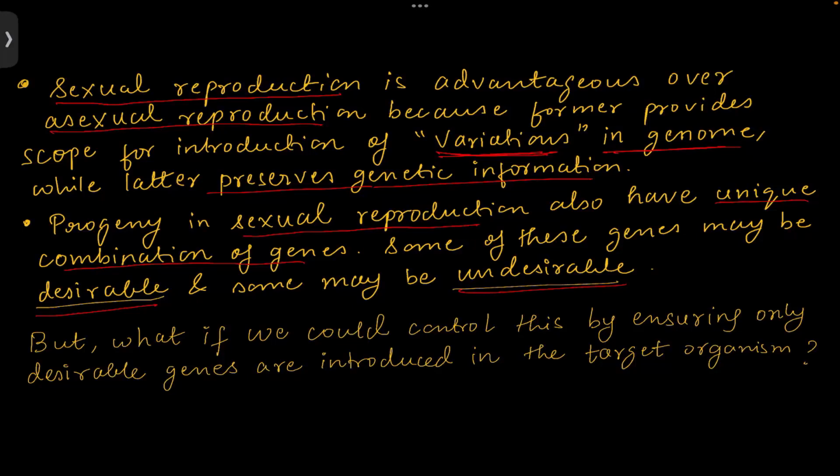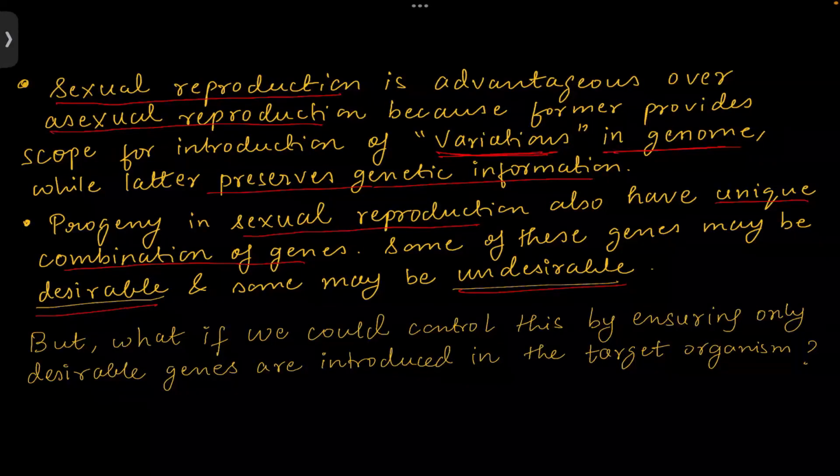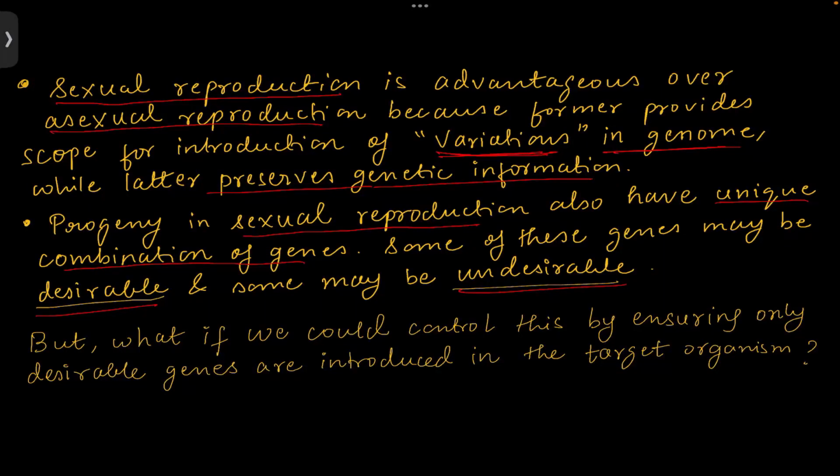But due to just sexual reproduction, undesirable characteristics like being much more susceptible to pests or to rot, or poor nutrient quality, may come about in the progenies, and then people usually discard those progenies.